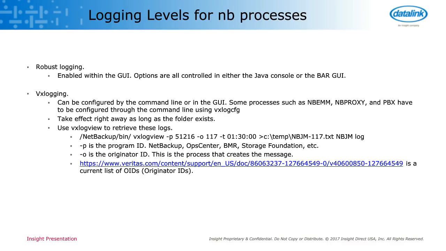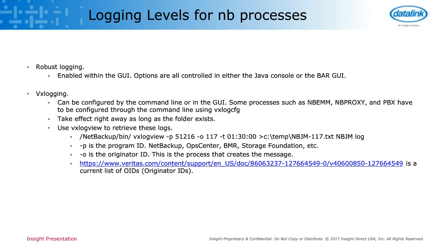That list does change as they add new processes. As old processes are taken out and replaced with newer processes, they have to expand that list. So it's always a good idea, if you're not sure, to pull up this originator ID list, go through that article, and locate the specific process you need.